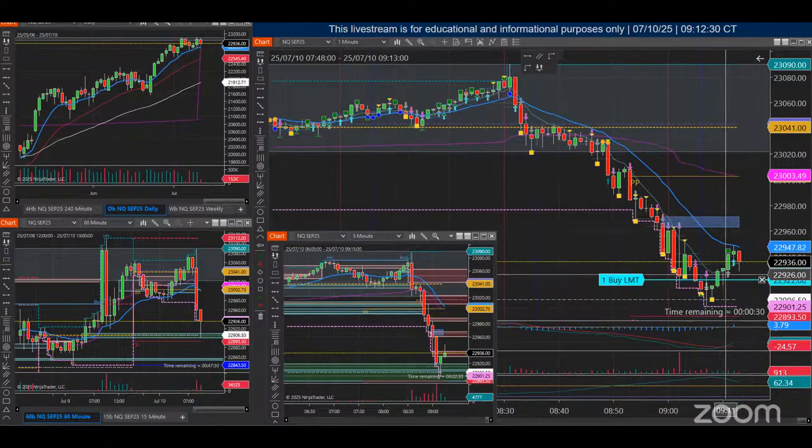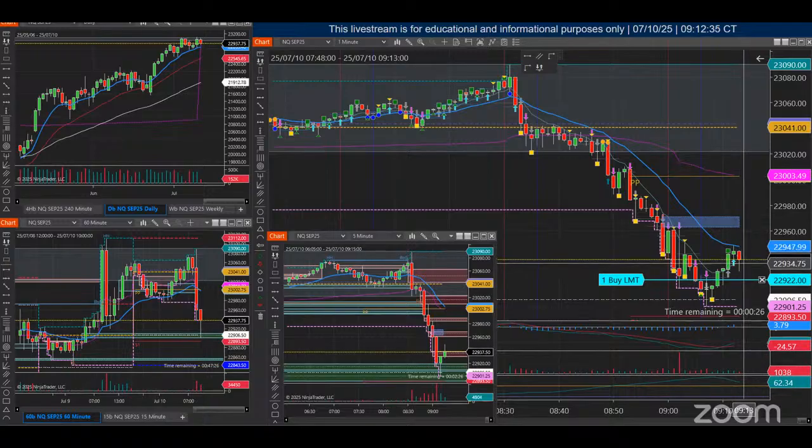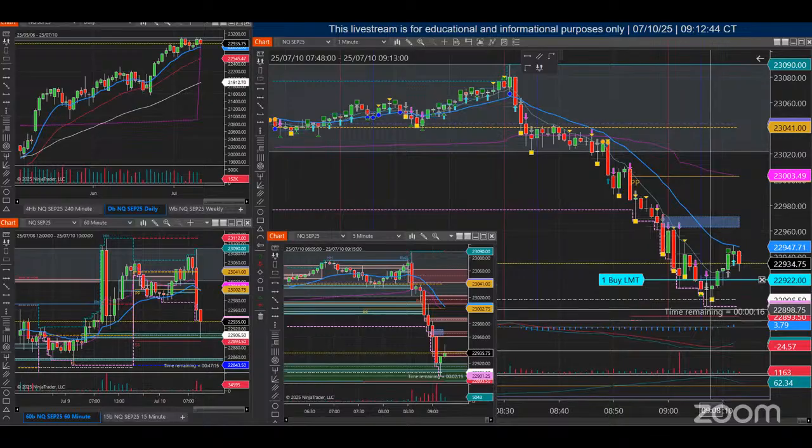And we have the uptrend signal here. And usually the limit order at the level of the signal, but that requires a stop below the recent low.